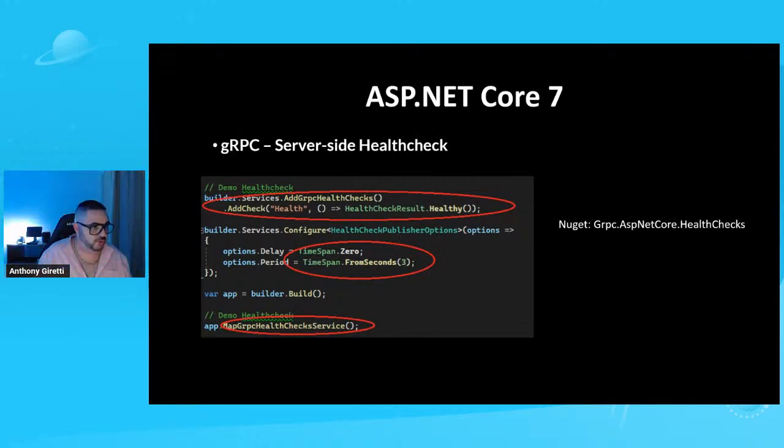How to do that? You also need to download the NuGet package gRPC ASP.NET Core health checks, which is never installed by default when you create a gRPC project. What you have to do is configure two parameters, the delay and the period.